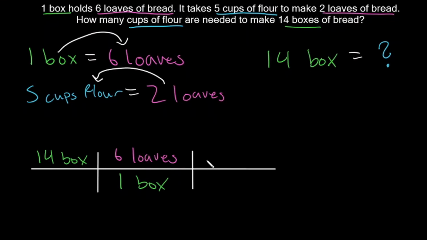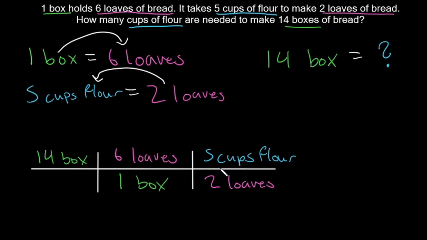So now that we're in loaves, we can use this conversion factor here. 2 loaves takes 5 cups of flour. So if we put loaves on the bottom to make sure it cancels, then we will be left with cups of flour. So we put our conversion factor, 5 cups, is equal to 2 loaves. So we have our 2 conversion factors, and we have our multiplication set up.